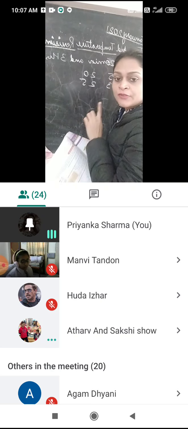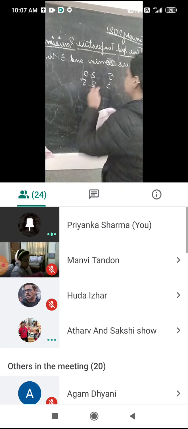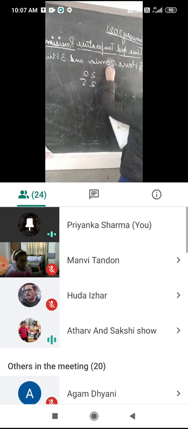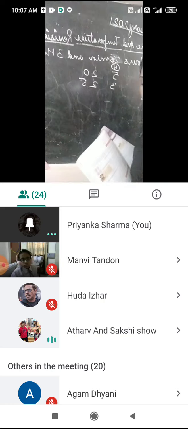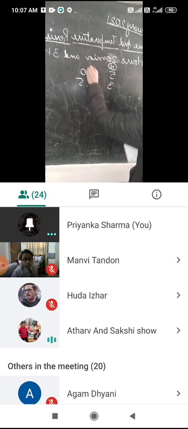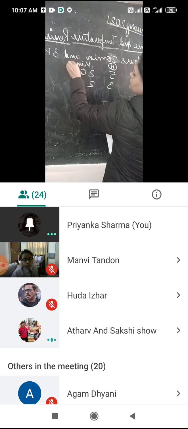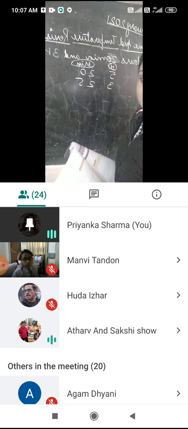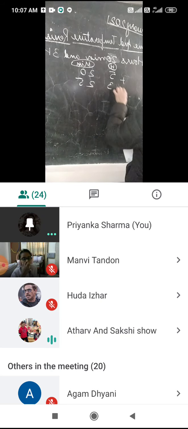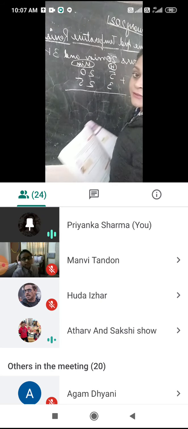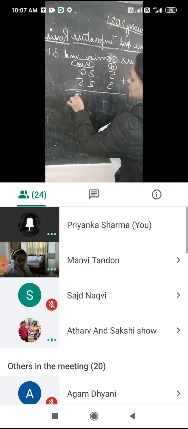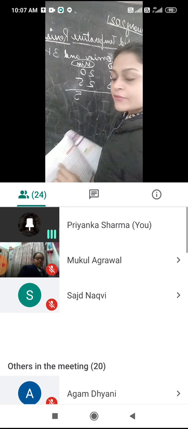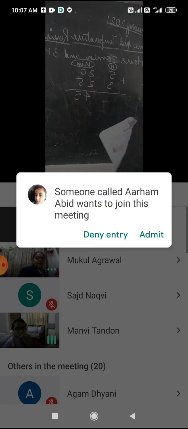First column is of hours, second column is of minutes. 0 plus 5 will give us 5. 2 plus 2 will give us 4.